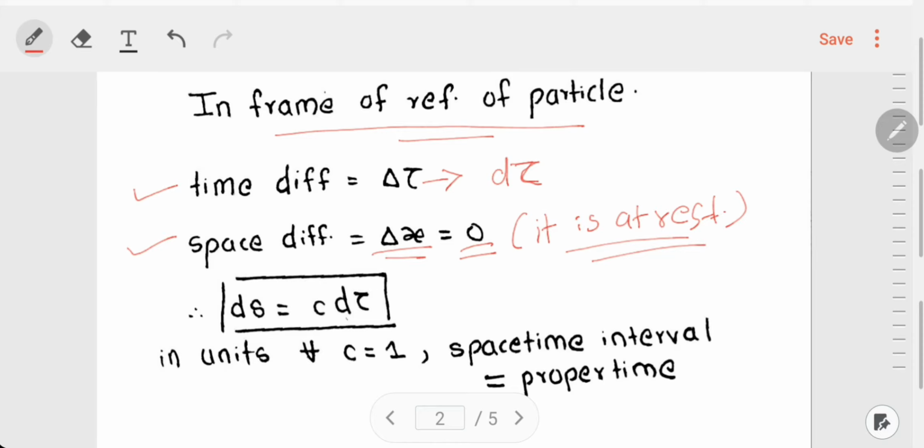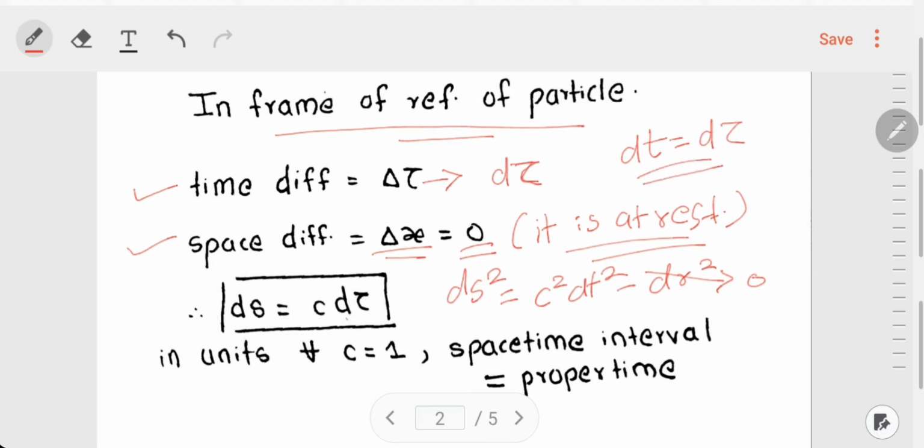As the particle is at rest, we have ds square is equal to c square dt square minus dr square. This dr square includes all the 3 components, that is dx, dy, dz. But as the particle in its rest frame of reference is not moving, this component of dr square goes to 0, and therefore we have ds is equal to c dt, where dt, in the particle's rest frame, is equal to d tau.